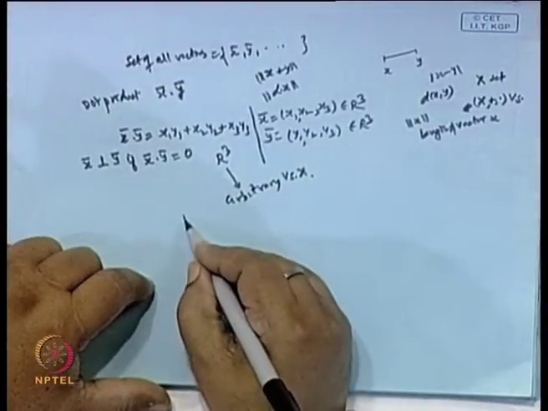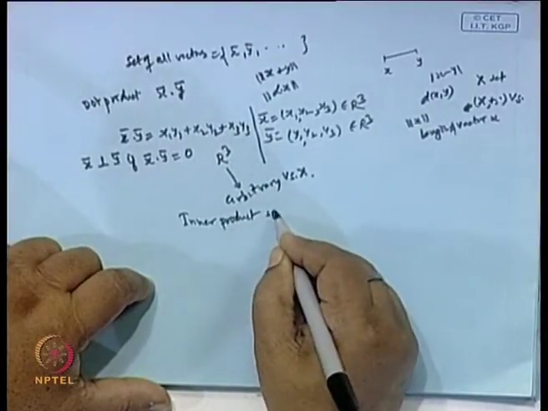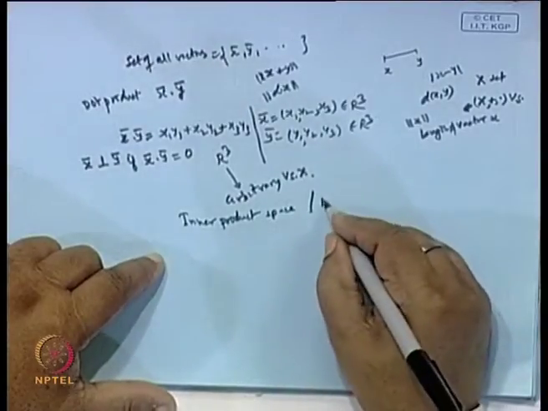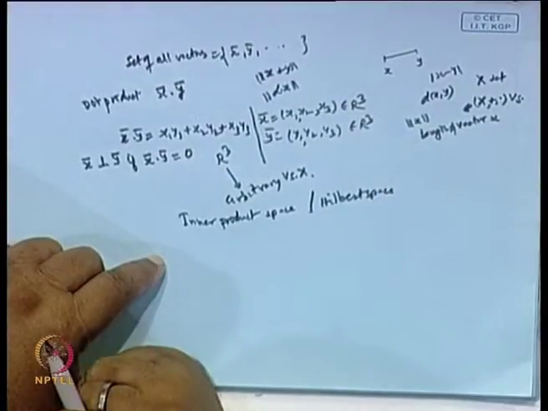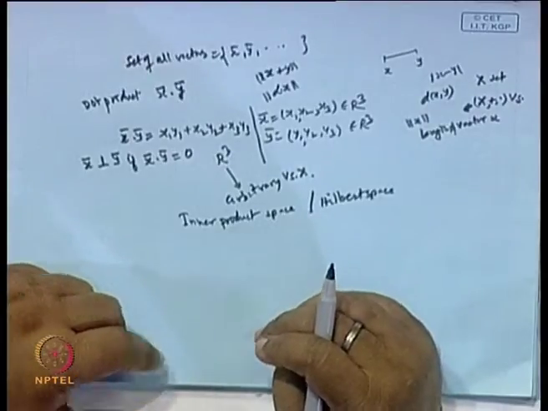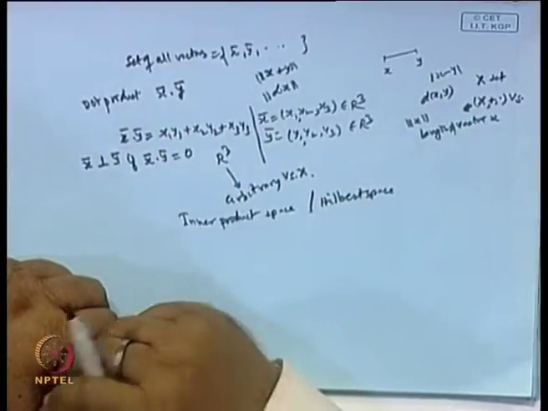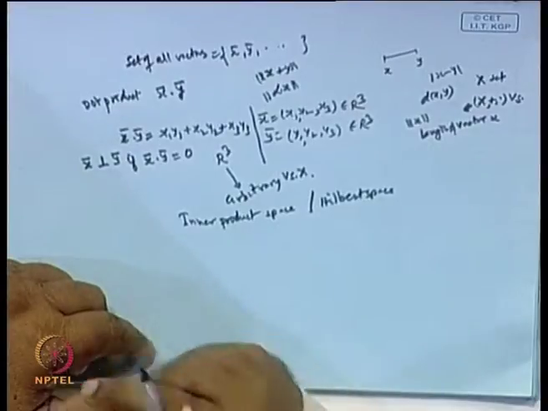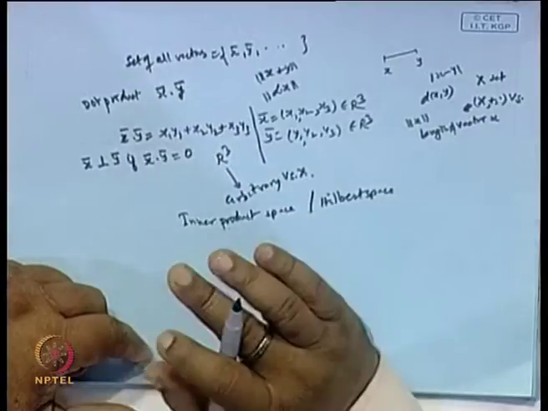And this leads to the concept of inner product space, and as a particular case when it is a complete inner product space, we say it is a Hilbert space. Clear? So, the idea of introducing the inner product and the Hilbert space basically is to extend the concept of orthogonality to a general arbitrary vector space, as well as to introduce the parallel, generalized concept of the dot product. Okay.